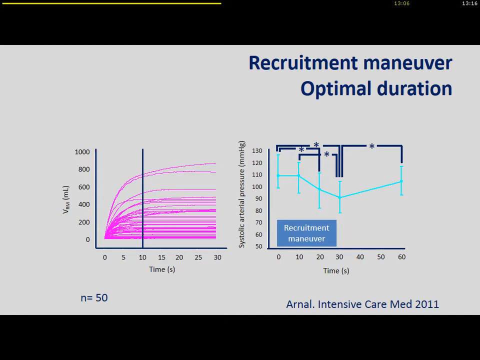At the same time, we measured the systolic arterial pressure during and after the recruitment maneuver, and we found that during the first 10 seconds, the systolic arterial pressure is maintained and starts to decrease after 10 seconds. So the practical message of this paper is that if we use a sustained inflation recruitment maneuver, 10 seconds is sufficient to recruit what has to be recruited and to avoid, as much as possible, the hemodynamic compromise.